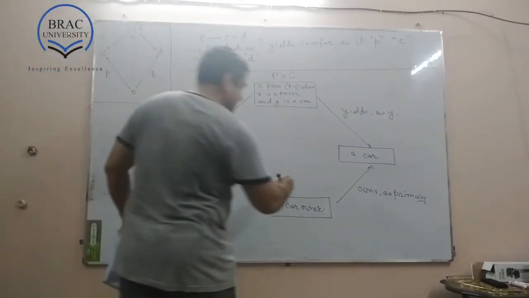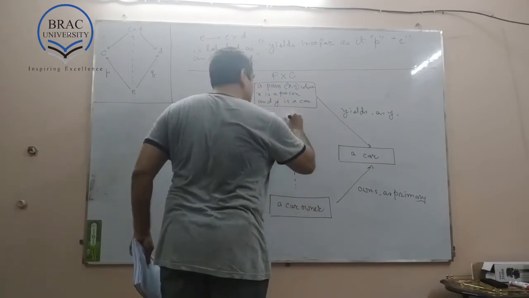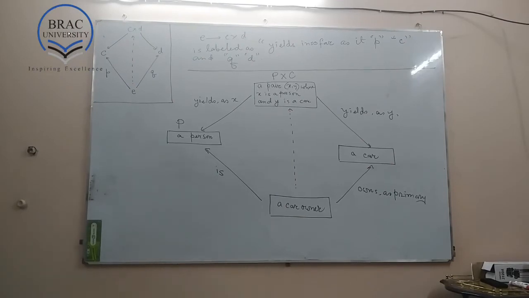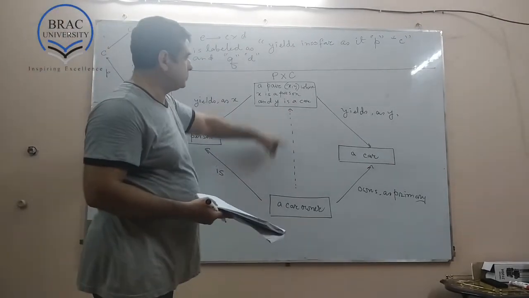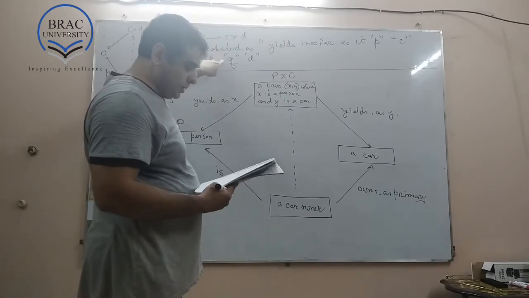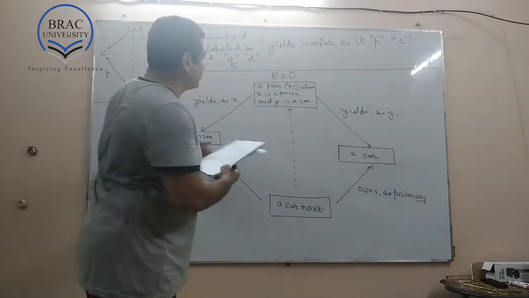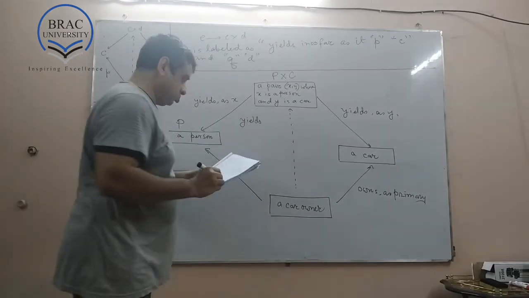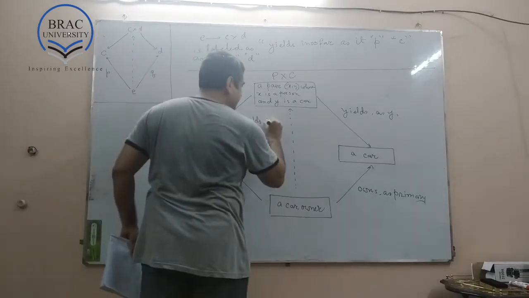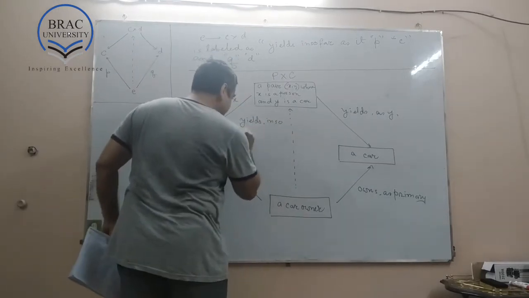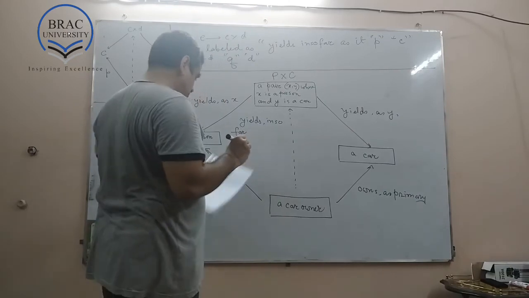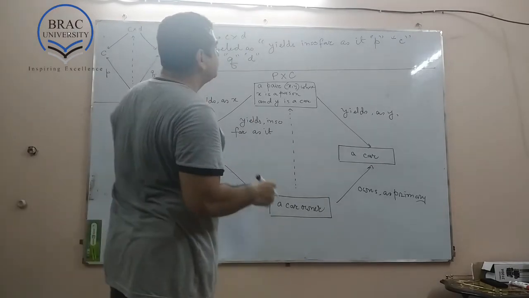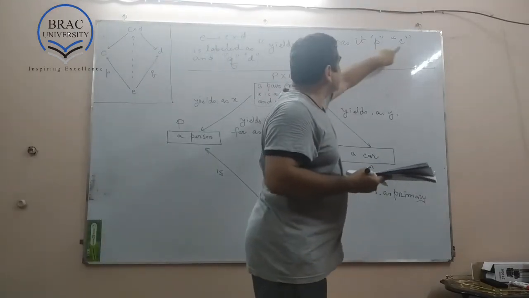So what does this arrow tell us? Okay, and how should this arrow be labeled? Here is the prescription. Yields insofar as it PC.